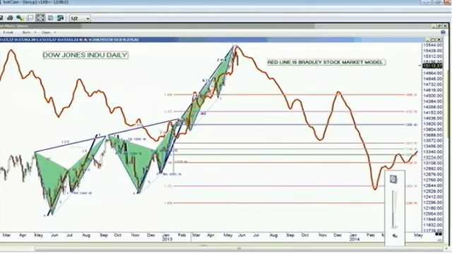He gave a positive or negative bias in the markets based on empirical evidence that they had found. So the Bradley model is a pretty good indicator, but it's far from perfect, folks. It has periods where it doesn't work, but usually at main points in the market, it does a lot of help. Let's put it that way.